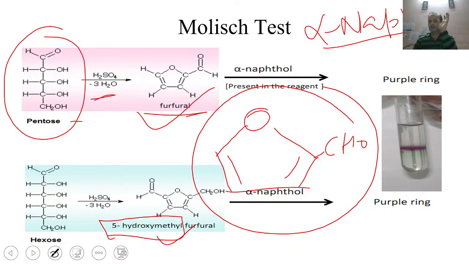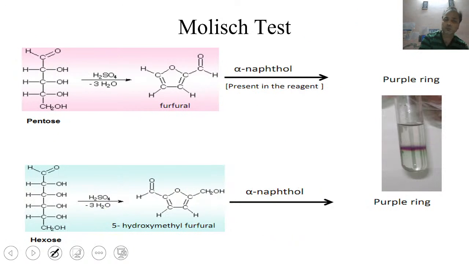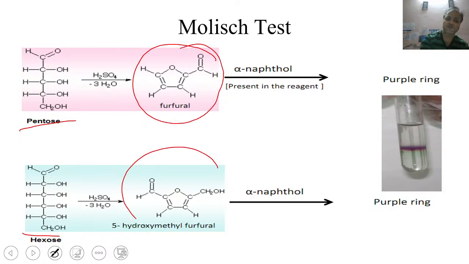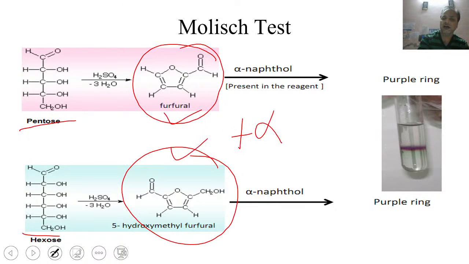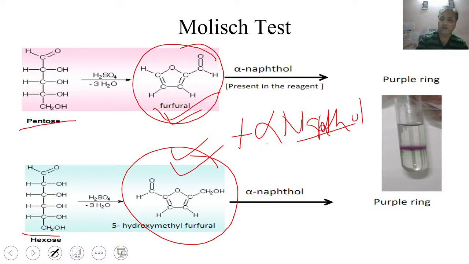So in the Molisch test, first your carbohydrate will be dehydrated. If we have pentose sugar or hexose sugar or any other sugar, it will give a dehydrated product. The dehydrated product will be either furfural or a furfural derivative. This furfural or furfural derivative reacts with the alpha naphthol which we have in the Molisch reagent, and gives you a colored product of purple color.